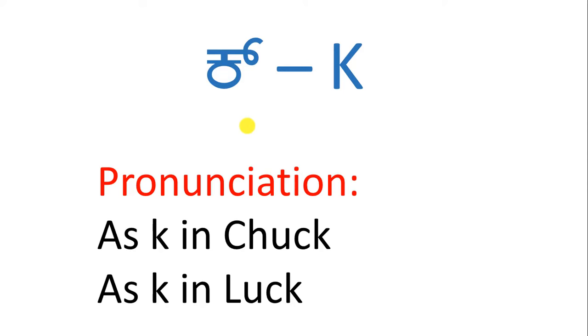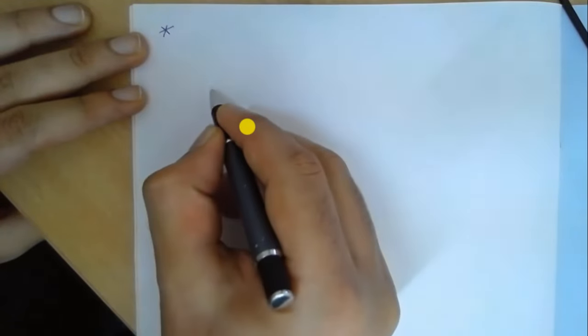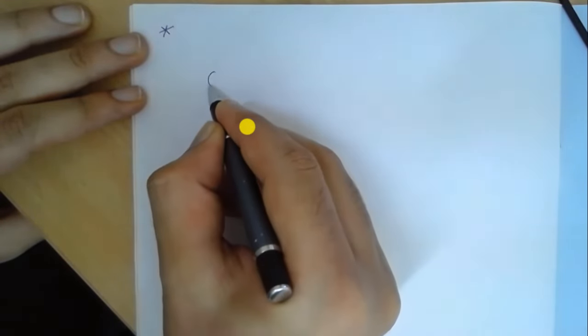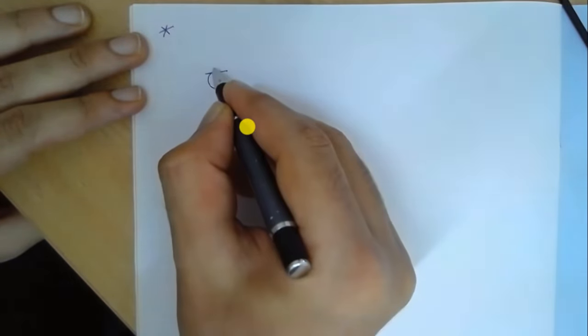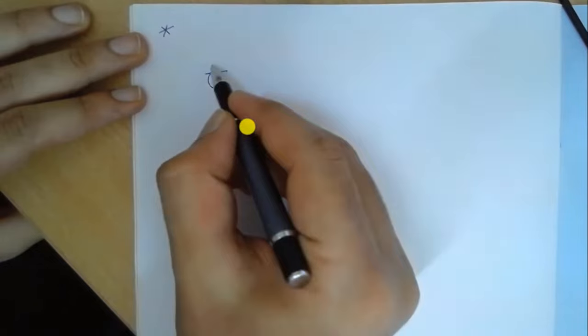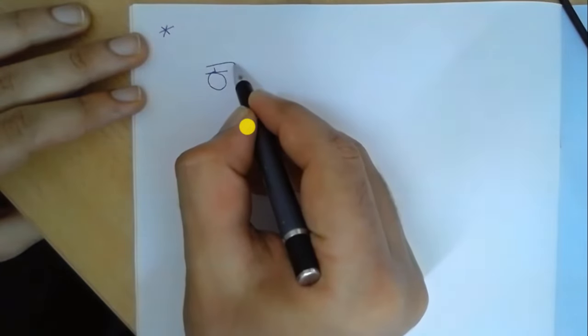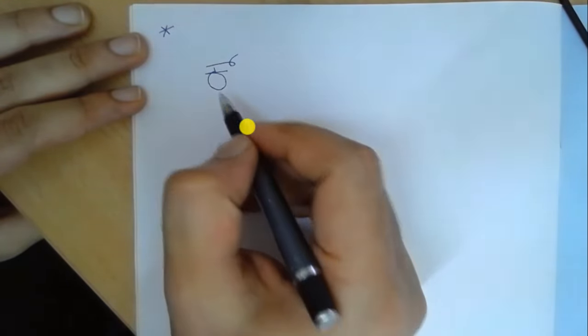Okay, so let us see how to write this k. This is how we write it: a circle and a horizontal line and a small vertical line, one more horizontal line and a bit of extension.